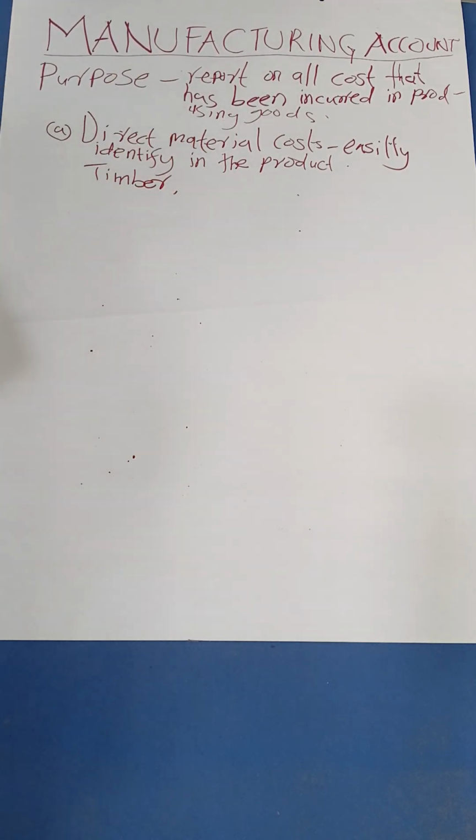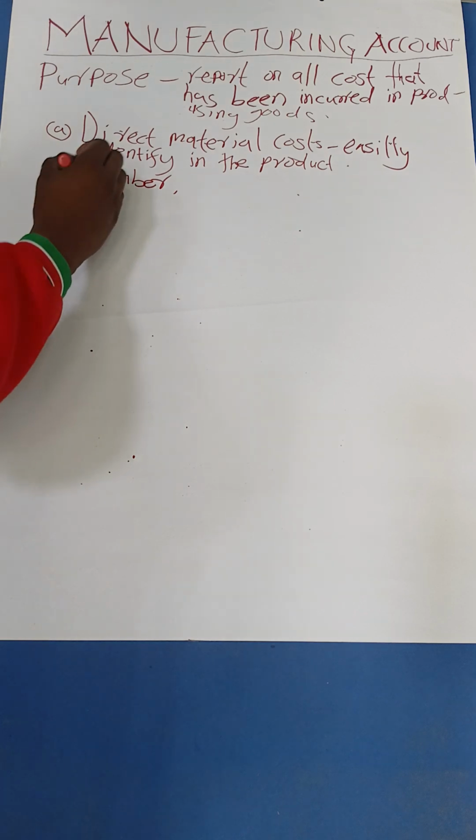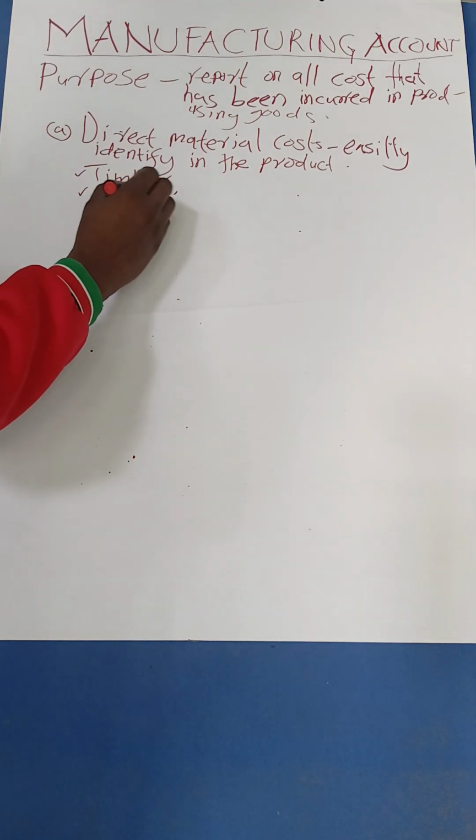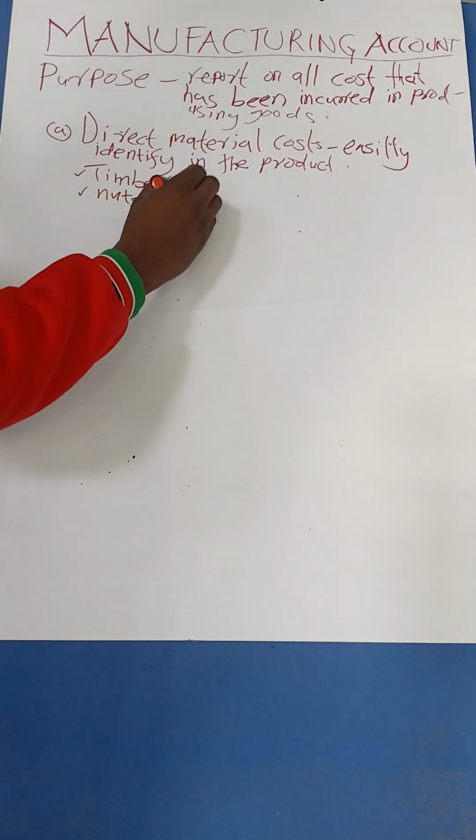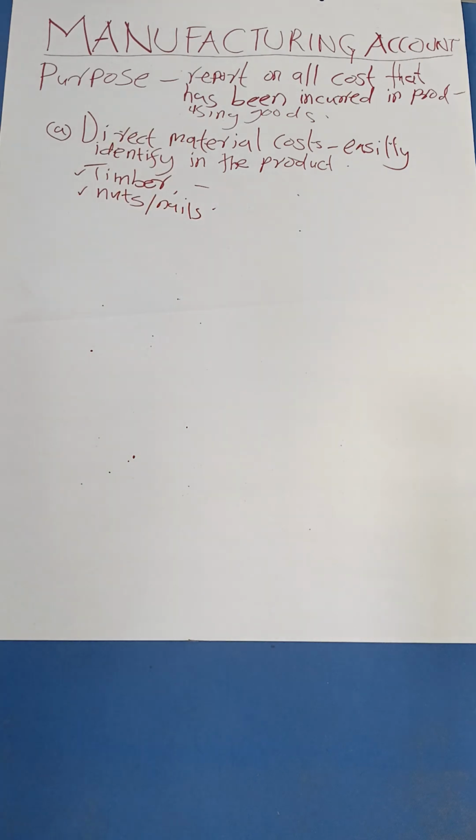Then we can also come up with small things we call nuts or small nails. So here, the direct material cost is what we can easily account for.